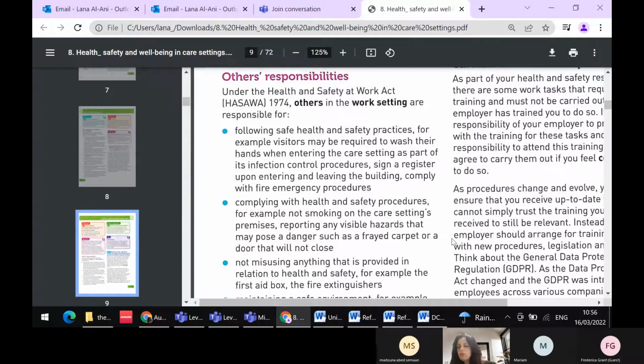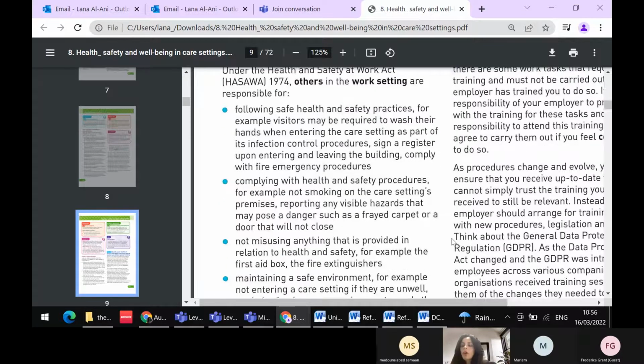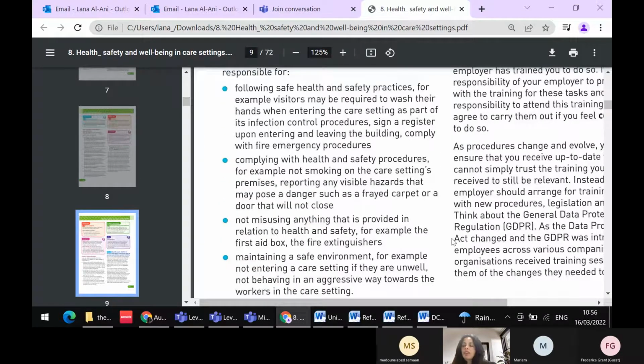It depends on the procedure of the area. You just need to follow. Also, you need to have a book to ask the visitor to sign in and out. It's very important. Also, the responsibility for others in the care home is to comply with the health and safety procedure.